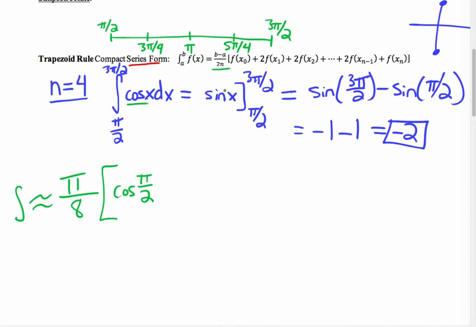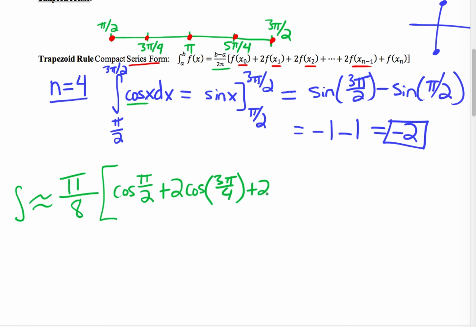Okay, so now my first node here is this one, my second node is this one, my third node, my fourth node, and my fifth node. You can see how this makes use of the first node, the second node, the third node, etc. Okay? So, it says 1 times the first node into the function. Then it says 2 times the second node into the function, so I'm going to go cosine the second node, which is 3/4.